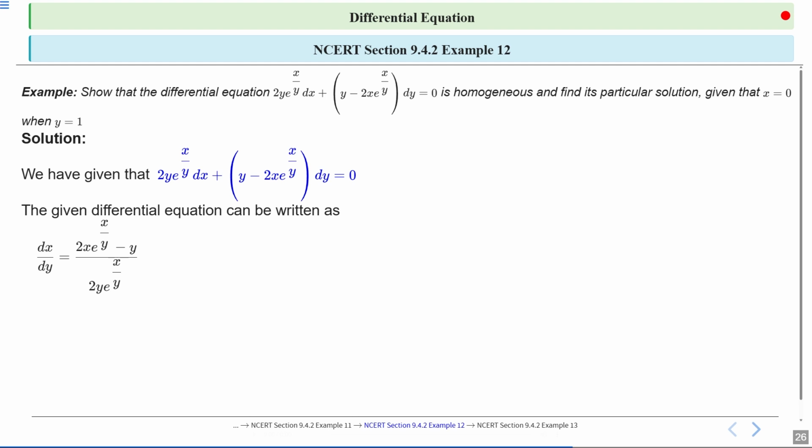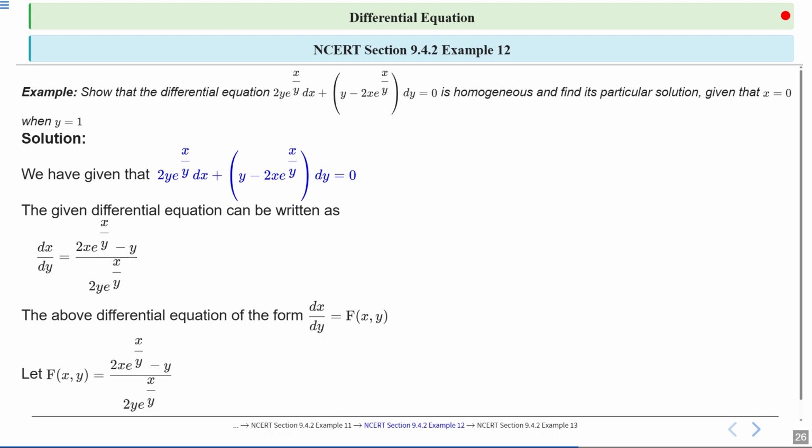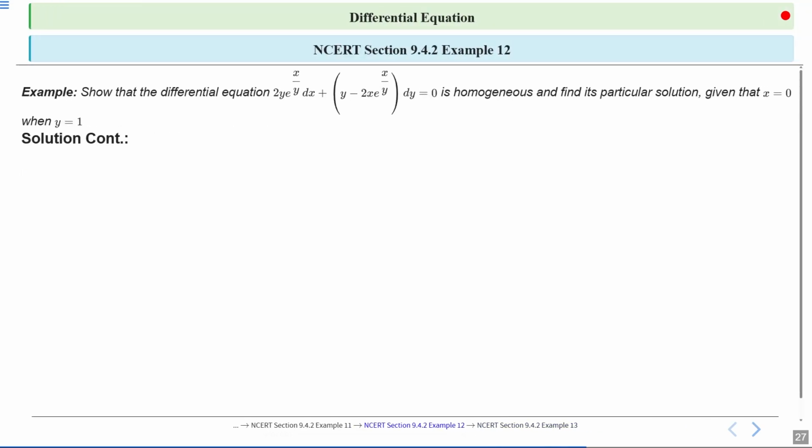Now we have to check whether the function f(x,y) = (2x e^(x/y) - y) / (2y e^(x/y)) is a homogeneous function of degree 0 or not. For that, we replace x and y by lambda x and lambda y.